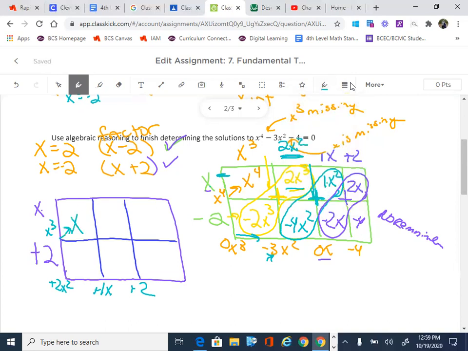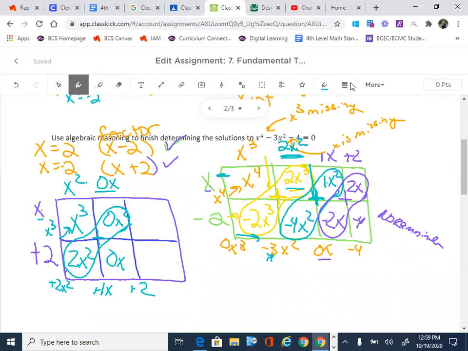So I bring in the x cubed: x squared times x is x cubed, and x squared times 2 is 2x squared. I add the addition sign and ask, what adds to 2x squared to get 2x squared? That is 0x squared. Then what do I multiply x by to get 0x squared? That is 0x. So 0x times x is 0x squared, and 0x times 2 is 0x again.